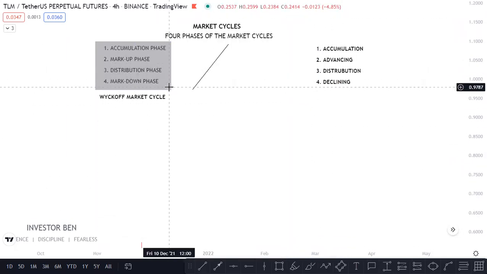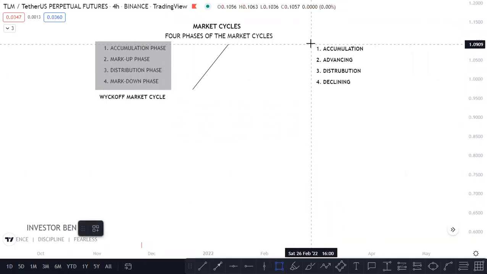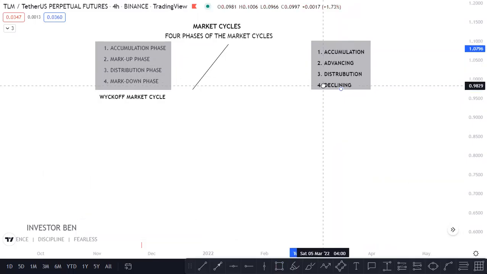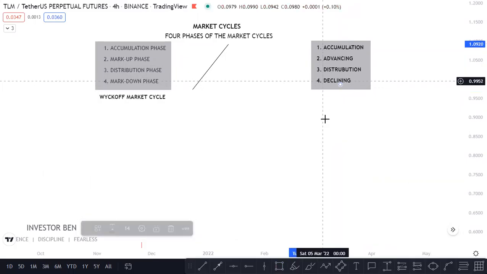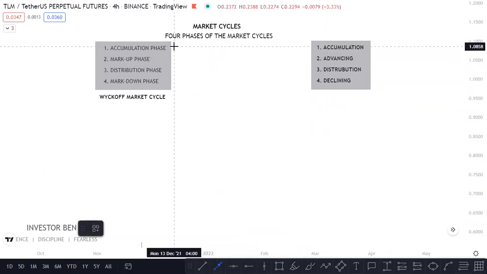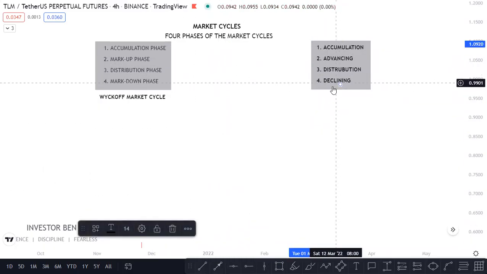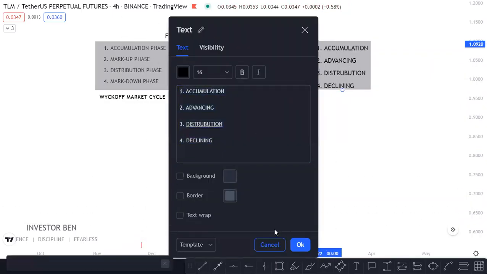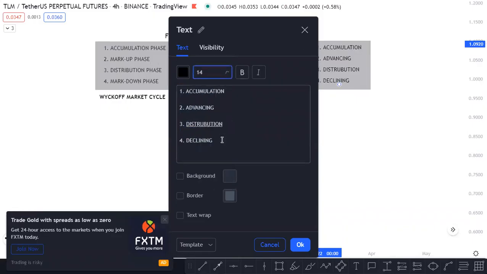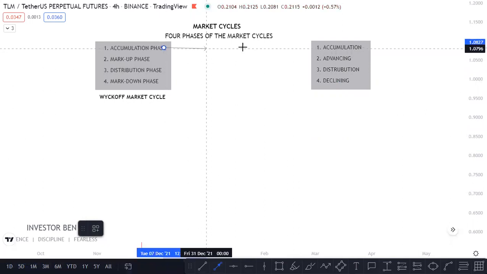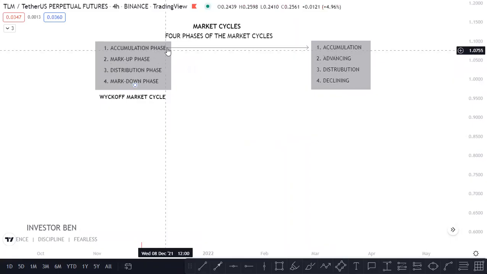So these same phases, some persons may refer to them this way. While I'm showing these two examples, note that when you see someone say something like advancing, you might get confused, but they are all the same thing. It depends on how people understand these terms. So you can either call this the accumulation phase, it's the same thing, or call it this one.